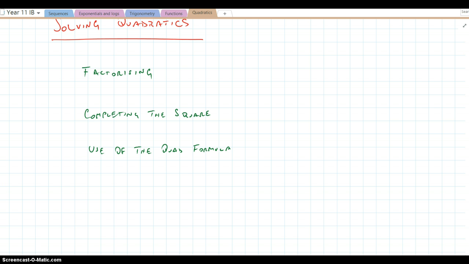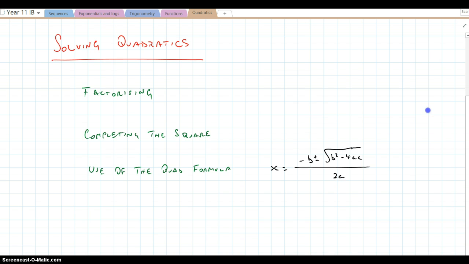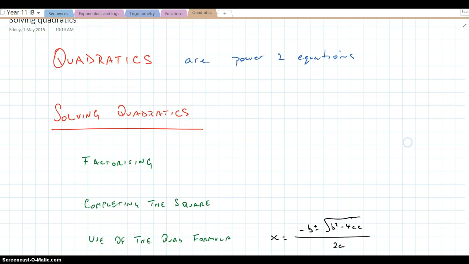Let's get that right out there. x equals minus b plus or minus the square root of b squared minus 4ac, over 2a. All these a's, b's, c's are talking about the standard form of a quadratic equation, ax squared plus bx plus c, or expression in this case. If we're looking at y equals that, we're graphing it. If we make that equal to 0, we're solving it.